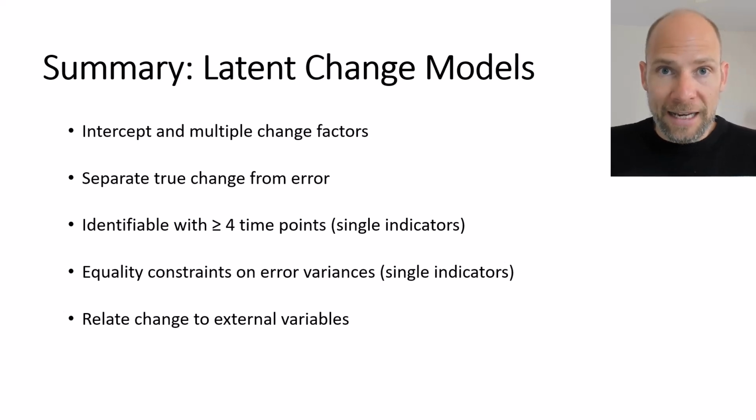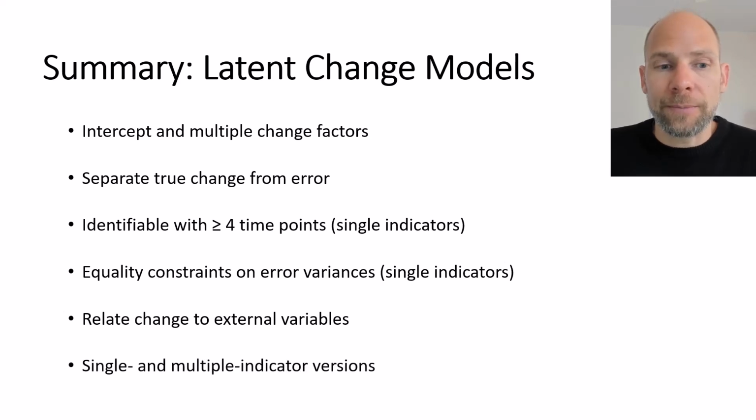So those can be added to a model in the same way as they could be added to a growth curve model. And then finally, I already mentioned that you can apply these types of models to both single and multiple indicator data, and my recommendation would be to use multiple indicator data whenever possible, because then the models become more flexible and also more easily identified.